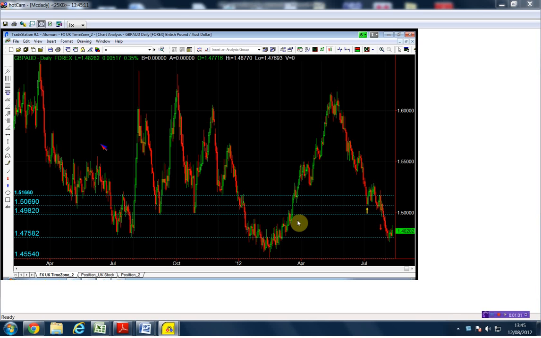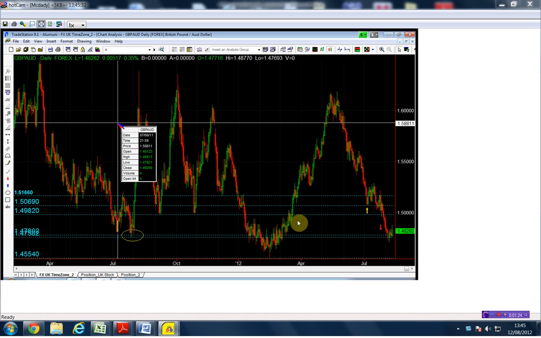We have a big structural point at 147.58. We also have a small significant point of 147.82.